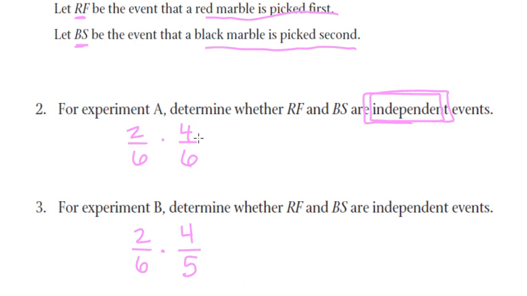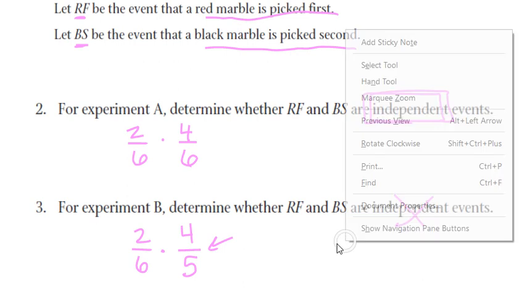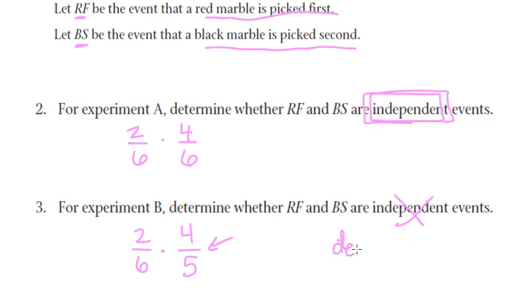It's exactly the same for the second time. But since for the first time, the actual number of black marbles left in the bag depends on what you picked the first time, these are not independent events. These are dependent events. And again, dependent is always going to be without replacement.